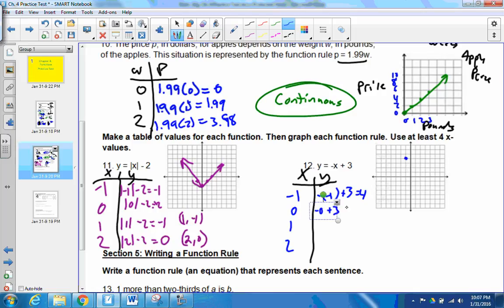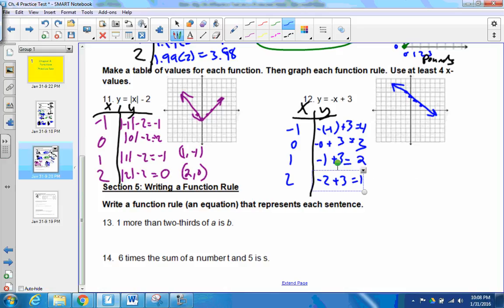It's still going to be 3. Okay, 0, 3 is right there. Let's do 1 plus 3 will be 4. Hmm, and -2 plus 3 would be 1. So 2, 1. And there's our graph. Looks like it's a linear one. And there we go. All right, that's section 4.